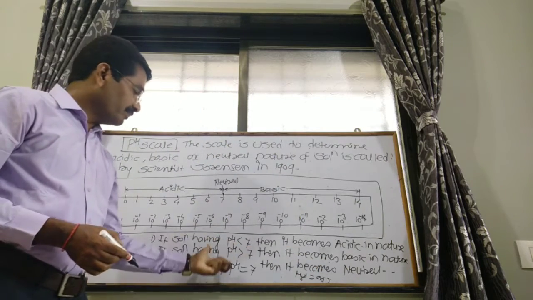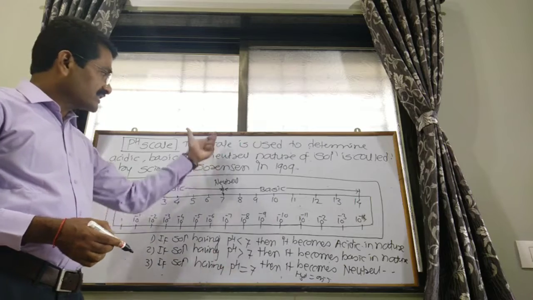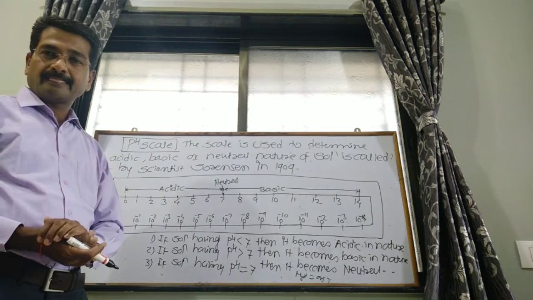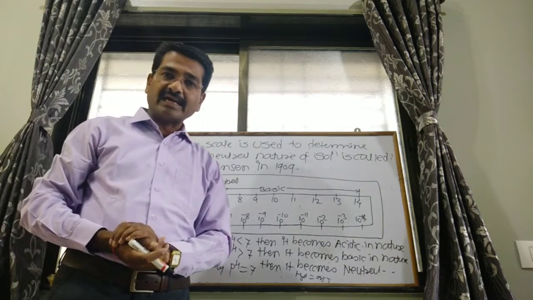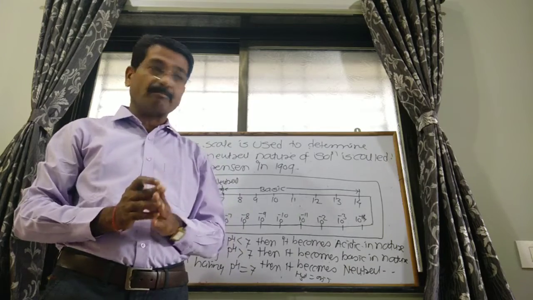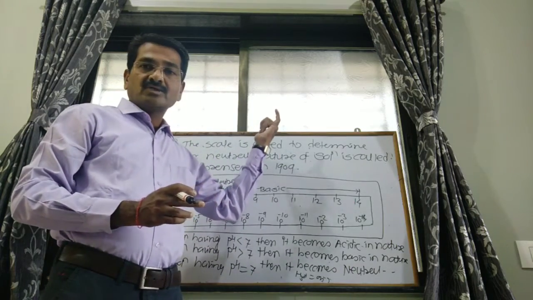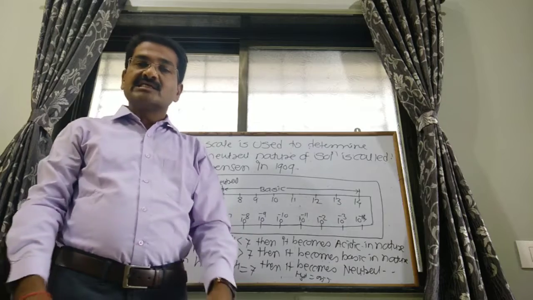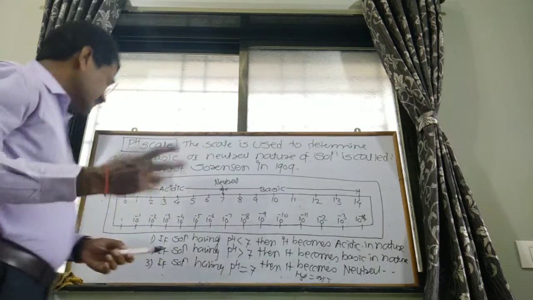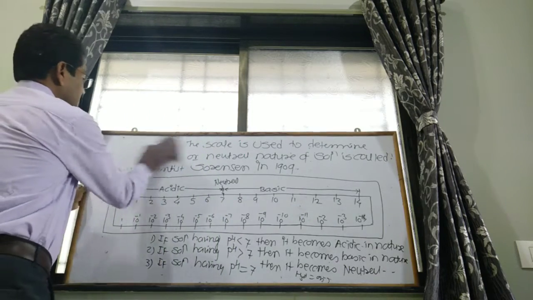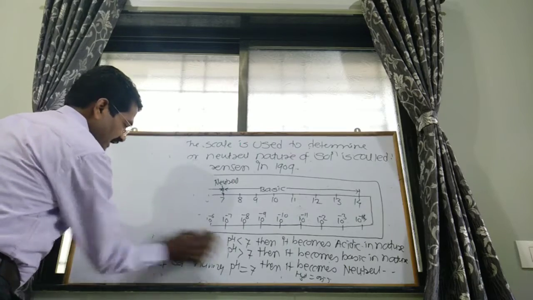Therefore, it gives the pH as 7. So likewise we can determine the acidic, basic and neutral nature of a solution by using this scale. So it is called the pH scale. After that, see some definitions and derivation.